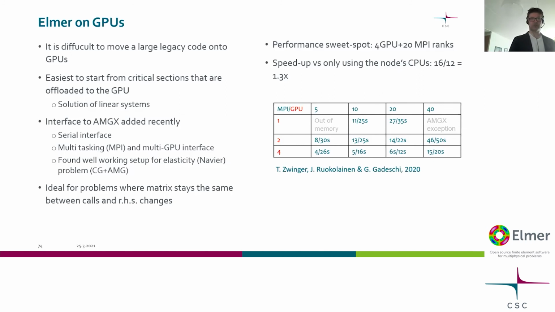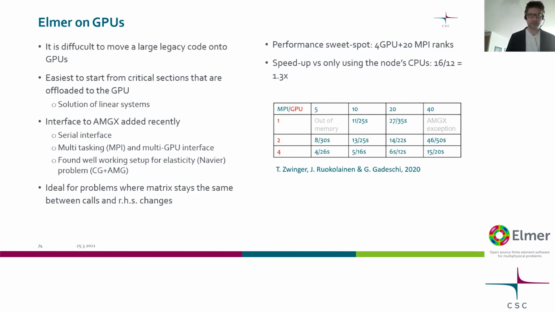Contrary to what I claimed in the YouTube video where I demoed that, with a certain newer version of EMGX it already works in combination with MPI. So then you can do the assembly with MPI and then offload to the GPU.